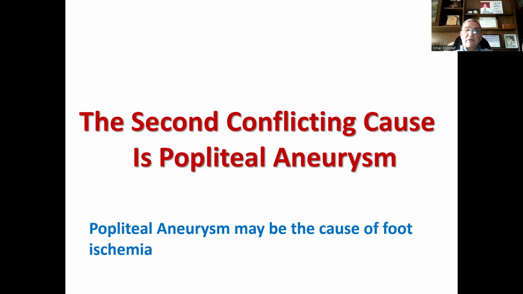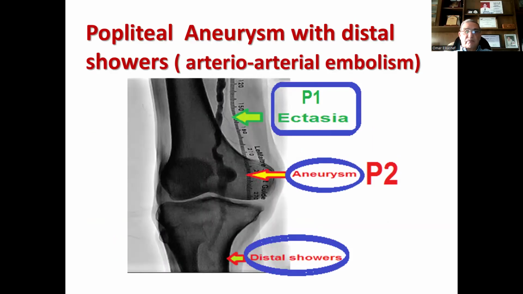So the second common cause after popliteal embolism in general is popliteal aneurysm. The first common cause was embolism, either cardio-arterial or arterio-arterial, but the second is popliteal aneurysm, which may be the cause of foot ischemia.